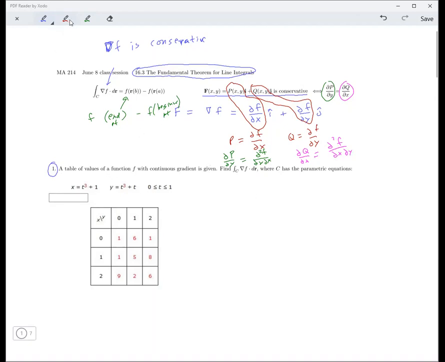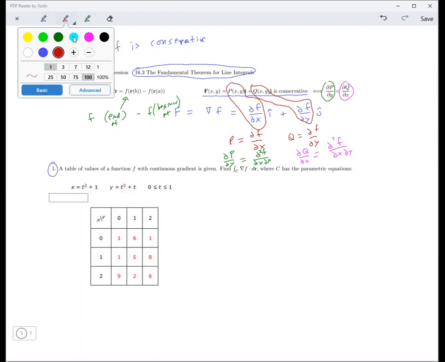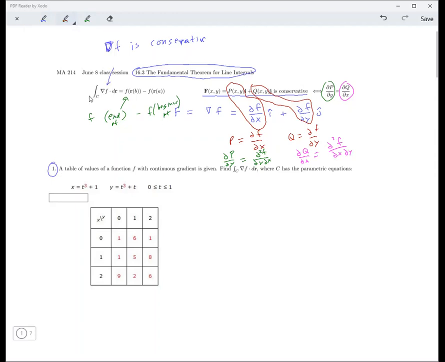And so according to that theorem, this is going to be f of the end point minus f evaluated at the beginning point. And essentially, here's our r right here.